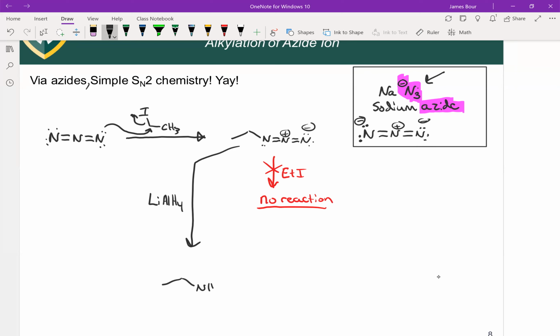However, it is highly selective for the primary amine after acidification. So just aqueous workup. All right, so lithium aluminum hydride is an effective reductant for alkyl azides. This is a two-step sequence that leads to the selective formation of primary amines. It cannot be used to synthesize secondary amines. Okay.